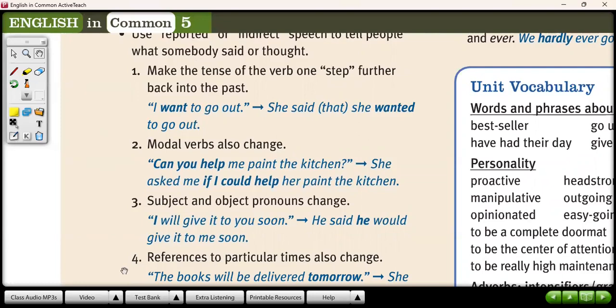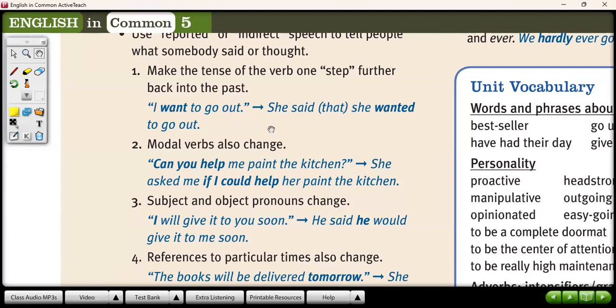So remember that when reporting, we have to take one step back into the past. So the exact words are, I want to go out. When reporting, remember, I need to change the pronoun, he or she, they, whatever.